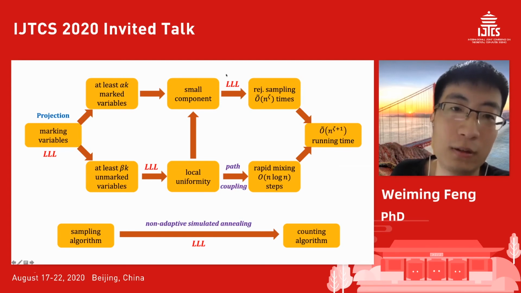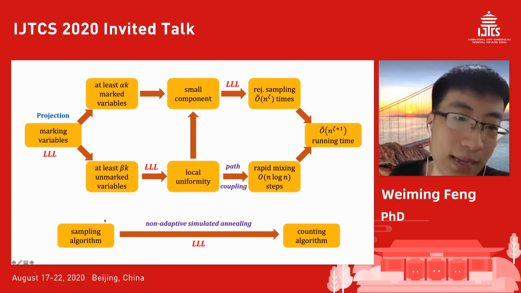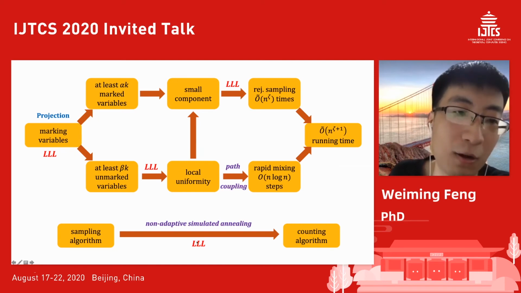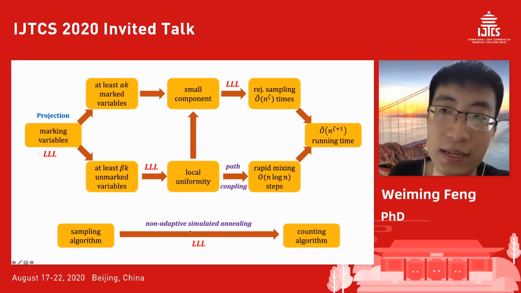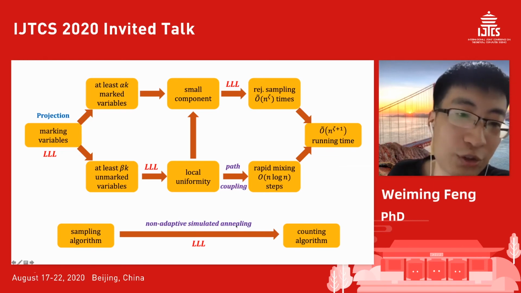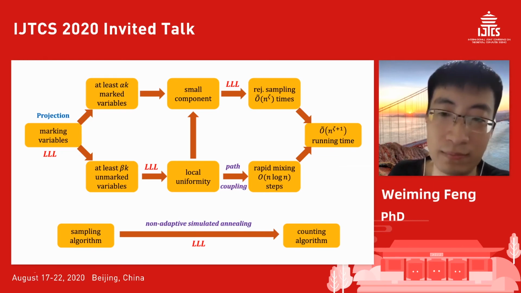Then using the Lovász local lemma, we show that we can repeat a rejection sampling for at most O(2^(n^zeta)) times. So combining together, we will get a sampling algorithm in time O(2^(n^(1+zeta))). Now suppose we have the sampling algorithm. Again, by the Lovász local lemma, we can use the non-adaptive simulated annealing reduction to get a counting algorithm.